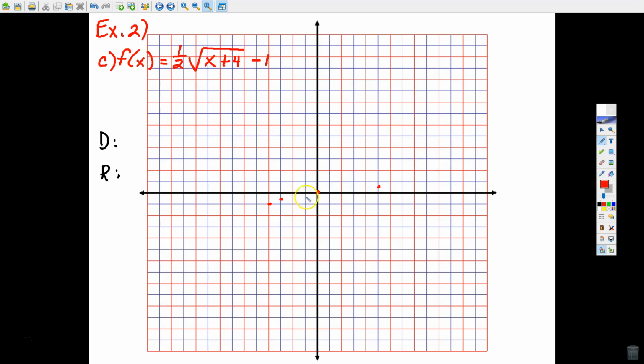It took our original parent and it just flattened it out a little bit. So that is the graph, and then we'll do the domain and range. So the domain looks like all the numbers greater than or equal to -4. So we'll state it using interval notation like this. And the range will be all the numbers greater than or equal to -1.